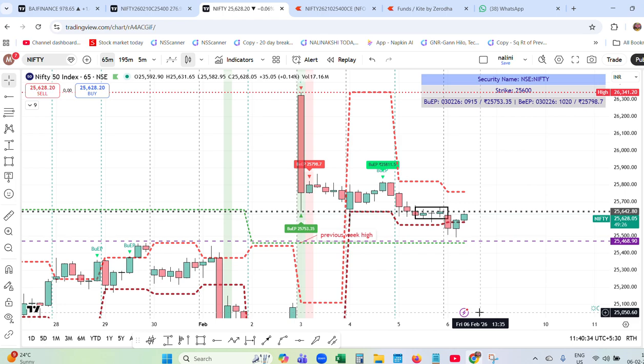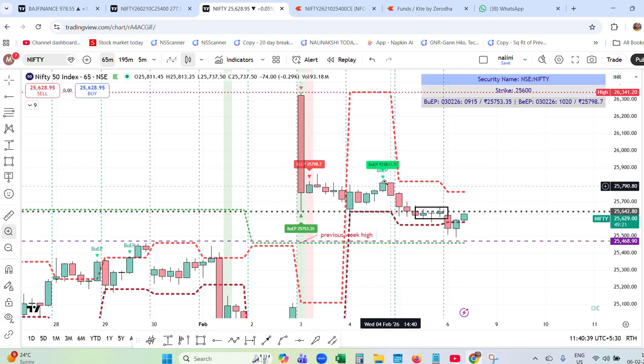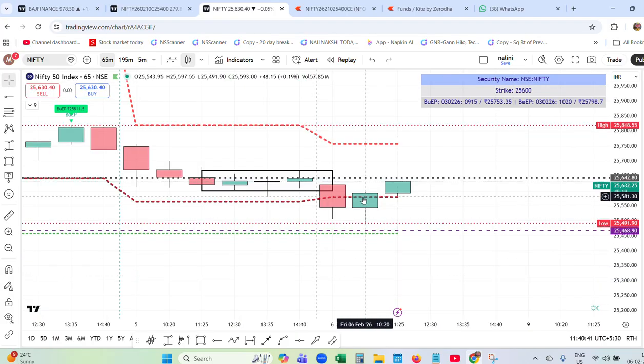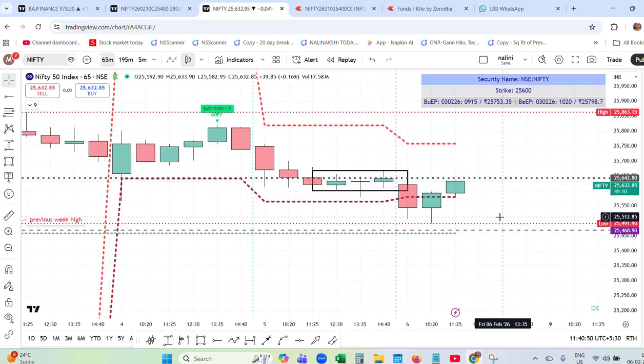That was my assumption. And now price has entered into the previous day low. See, first it made an attempt around the 10:20 candle, 65 minutes candle, and it is consistently trading inside the previous day candle.